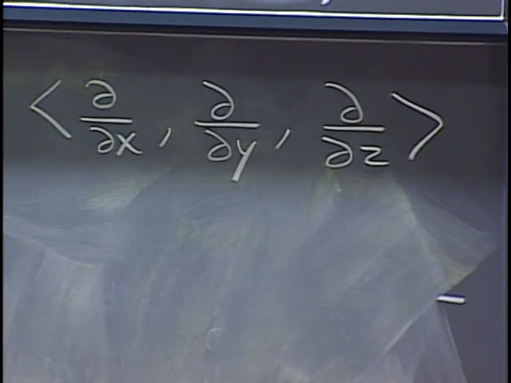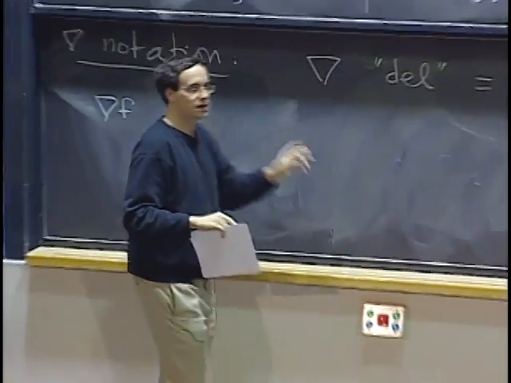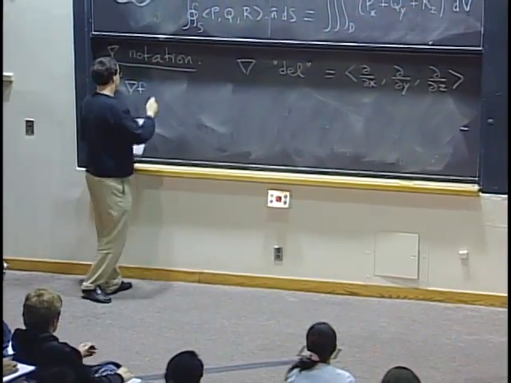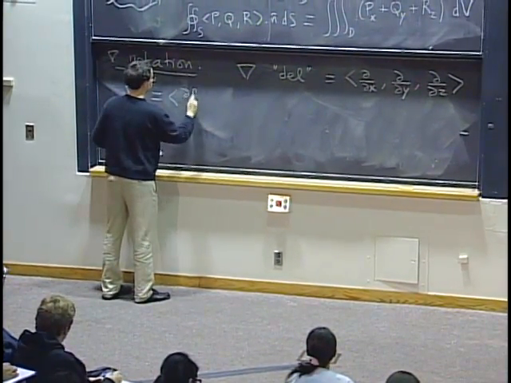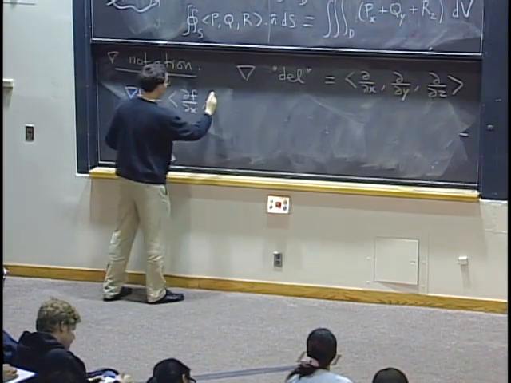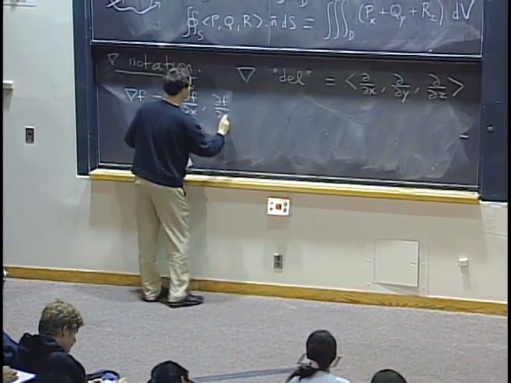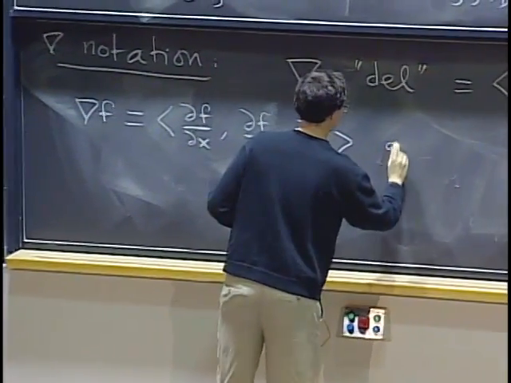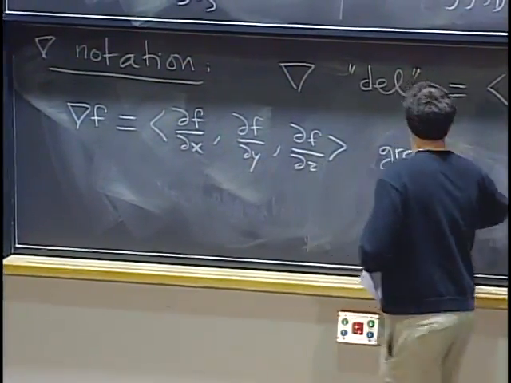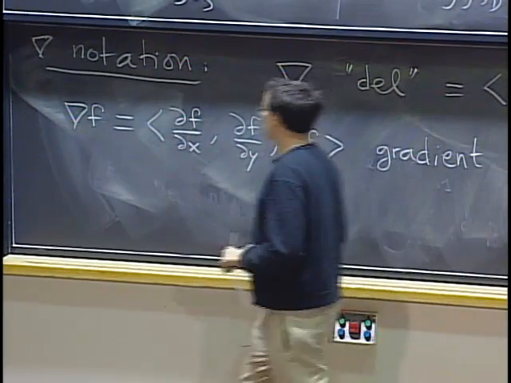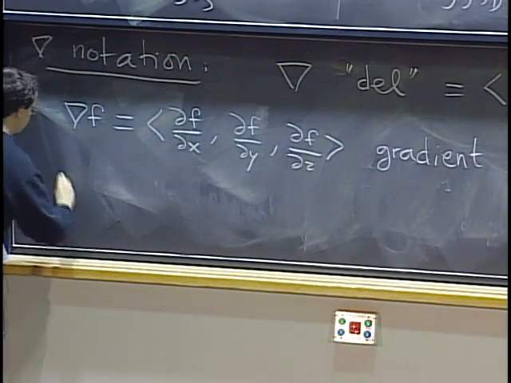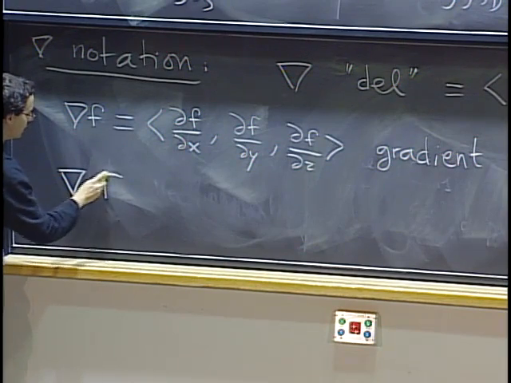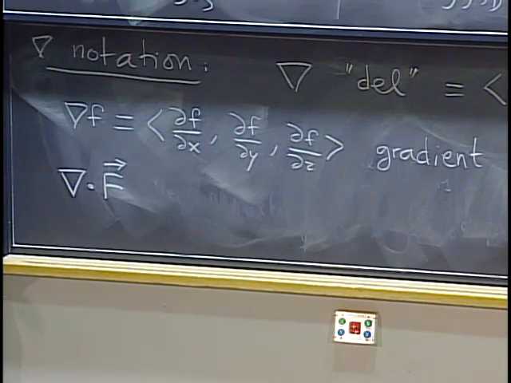But see, for example, the gradient of a function. If you multiply this vector by a scalar, which is a function, then you'll get partial x of f, partial y of f, partial z of f. Well, that's the gradient. That seems to work. And now the interesting thing about divergence is I can think of divergence as del dot a vector field.